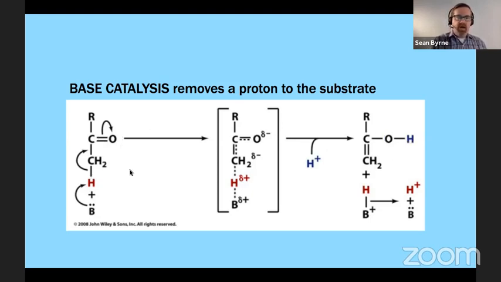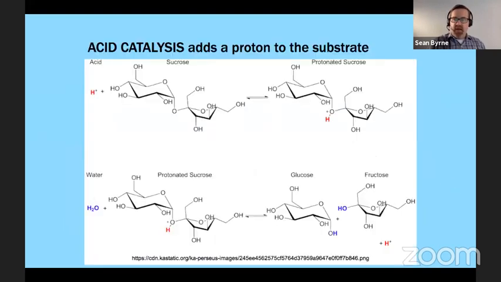This base is going to be reproduced at the end, so we still have this base that can repeat this process over and over again. And similarly, we'd have a hydrogen over here, this acid that's able to continue this process over and over again. That would be a classic example of how a catalyst would work.